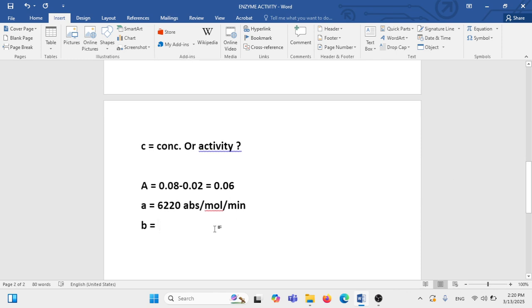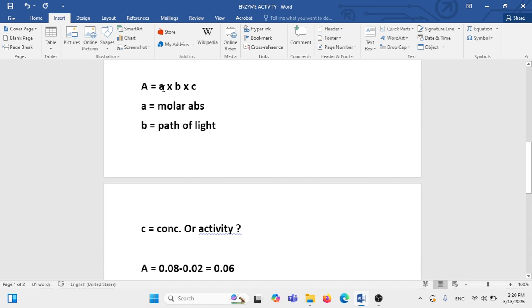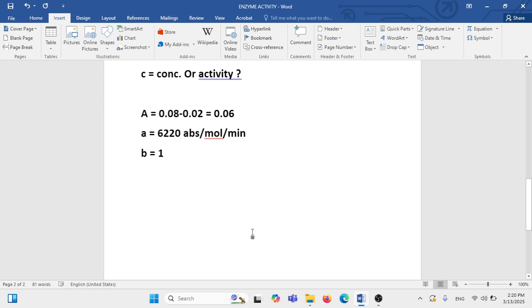Now let's put everything into the formula to calculate activity, that is A equals ABC. Let's put all the values into the formula.